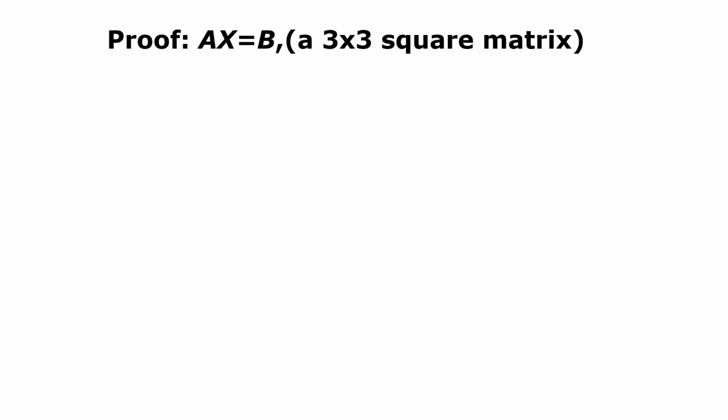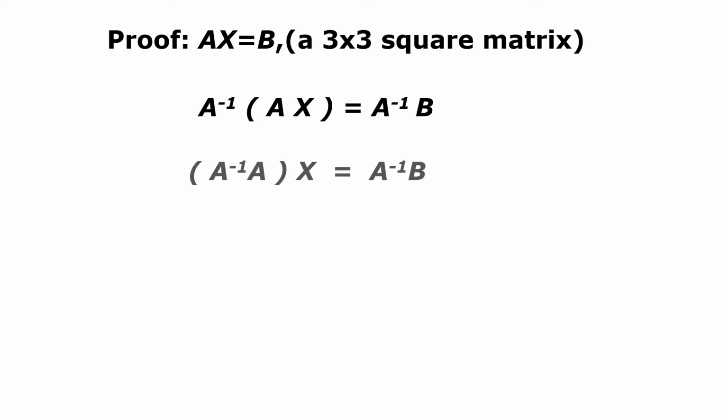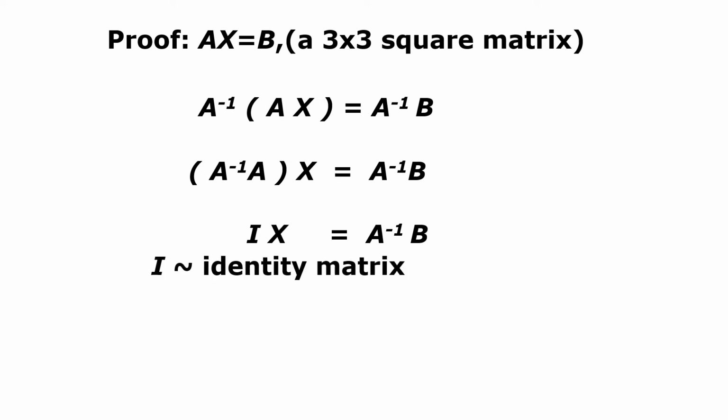This can be proved by using the equations: we multiply both sides with the inverse matrix of A. After that, the multiplication of A with A inverse gives you the identity matrix, and the identity matrix, if you multiply with any matrix, you will get the matrix itself.